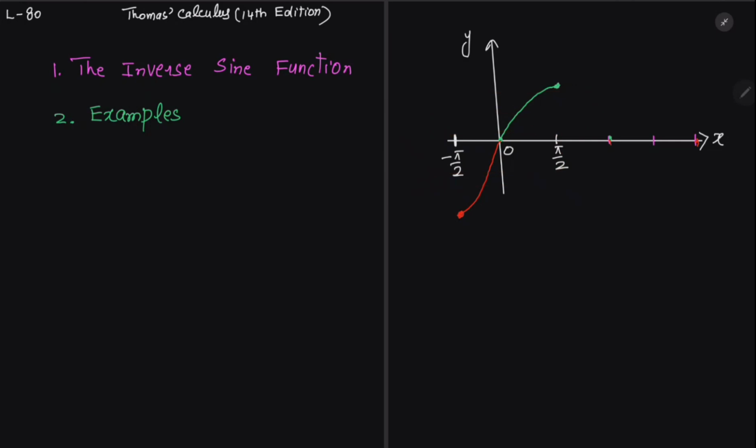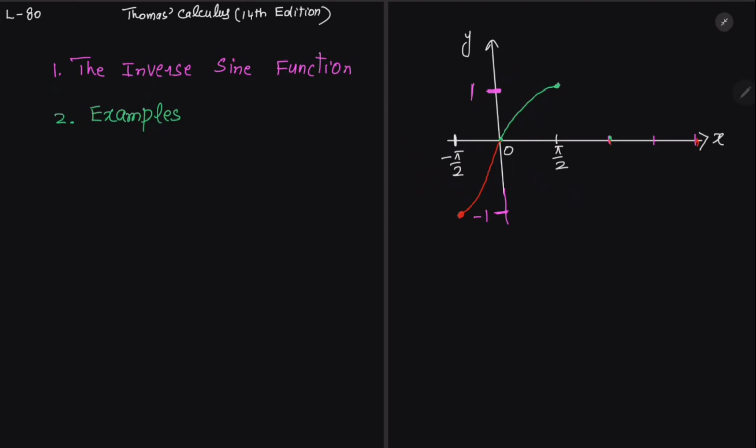So it means that in order to find an inverse function, we must have a domain minus pi by 2 to pi by 2, and the range is, for example, this is 1 and this is minus 1, something like that. So that's how we restricted the domain.